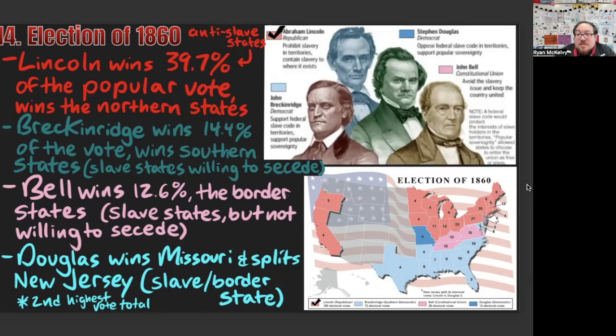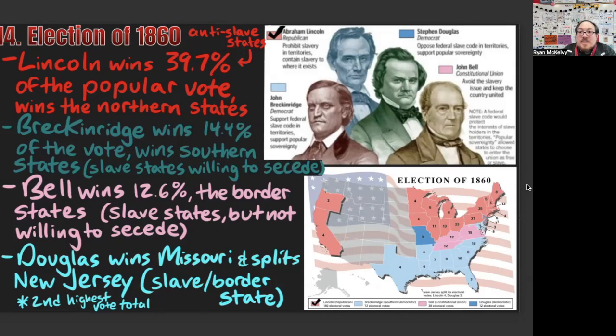But as you can see, even though it's a significant portion of the map, look at the vote totals. The population of Texas is only worth 4 electoral votes. You start off with 3 automatically. So Texas is still very much not very populated.